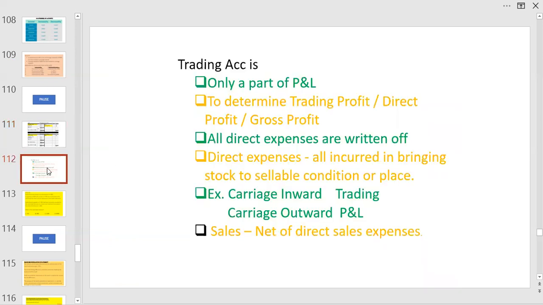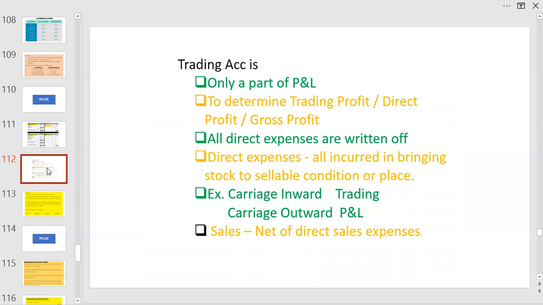Here there is a small further slide. Just the first statement itself, we say trading account is only a part of profit and loss account. It is not a separate account at all. The reason why we make a trading account, without putting everything in one format, is in order to find out what the real trading profit or the business profit is.